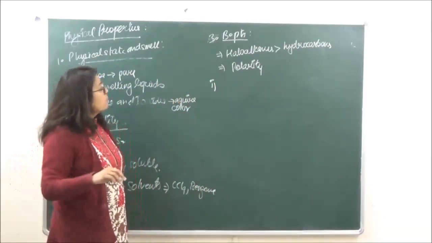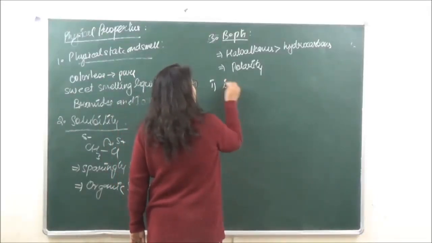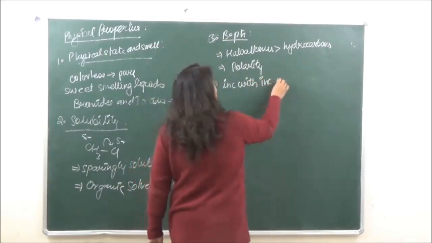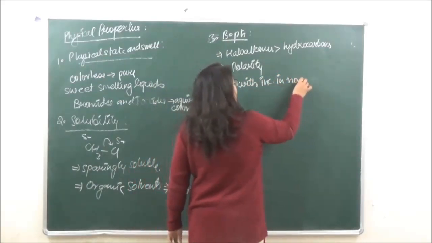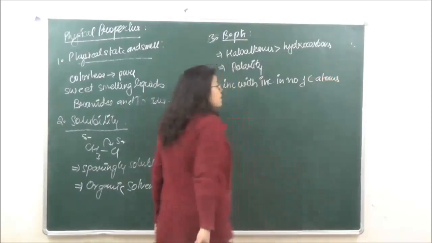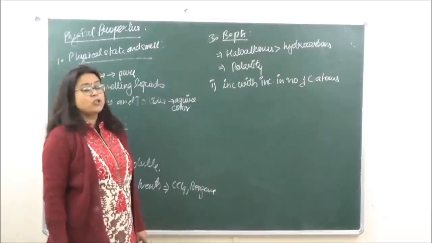The boiling points increase with an increase in the number of carbon atoms for the same halogen group.